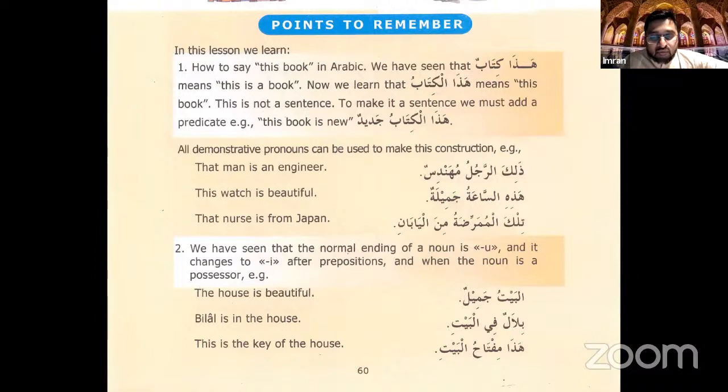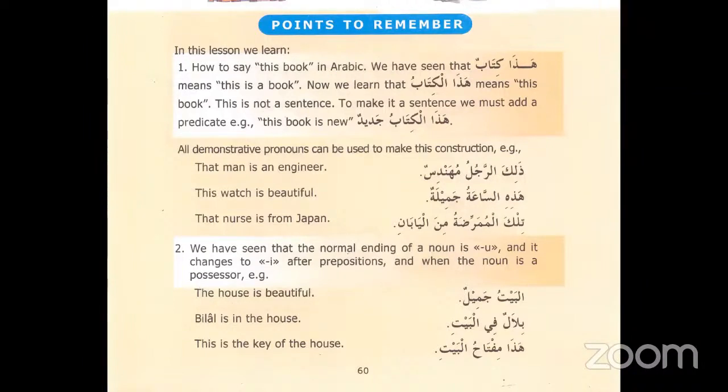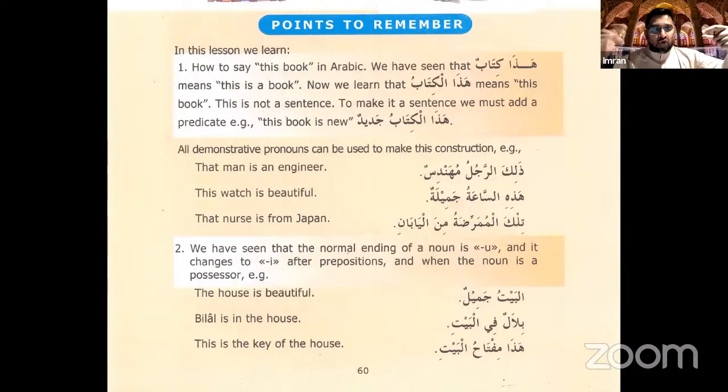And we will insert "is" before "in". So in the English translation, we will say Bilal is in the house. That is the particle which creates a link between the mubtada and the khabar. Is this clear now?